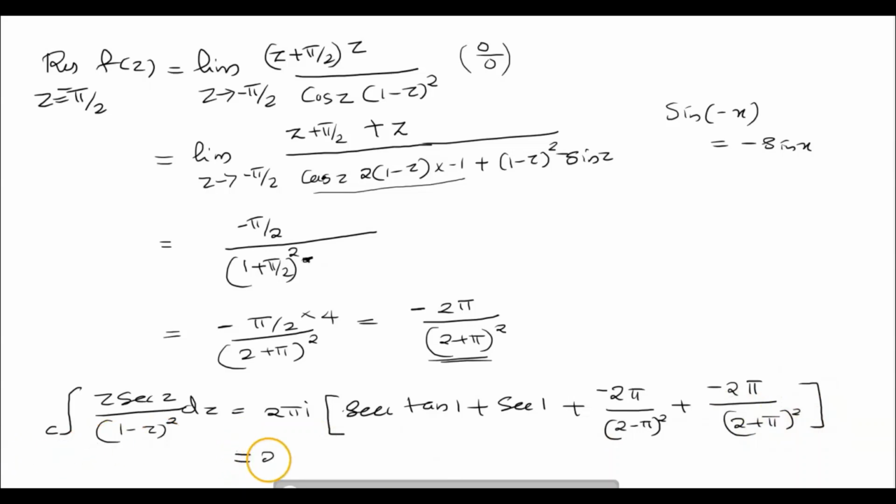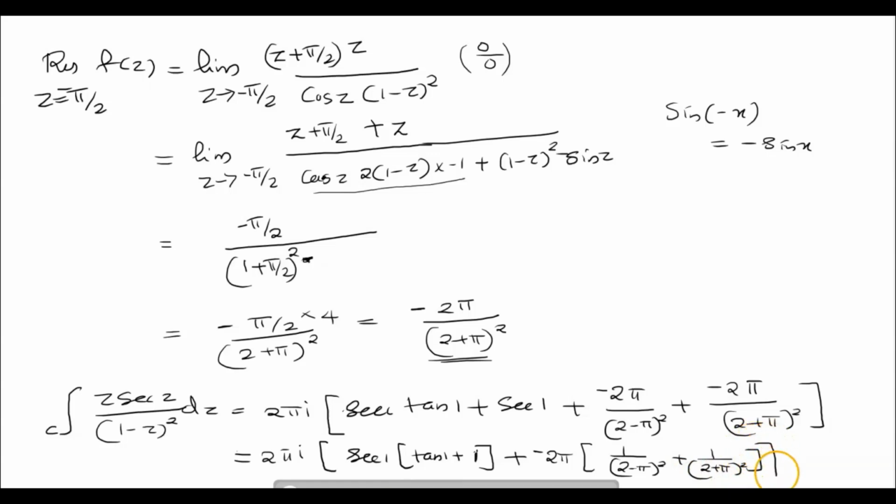So the final answer is 2 pi i times [sec 1 into (tan 1 plus 1) minus 2 pi, which is common, times (1 by (2 minus pi) all square plus 1 by (2 plus pi) all square)]. If you want to simplify this, you can simplify, or this is our final answer.